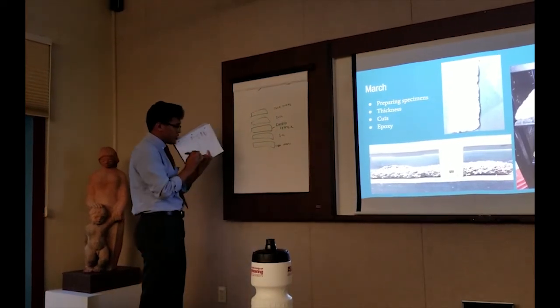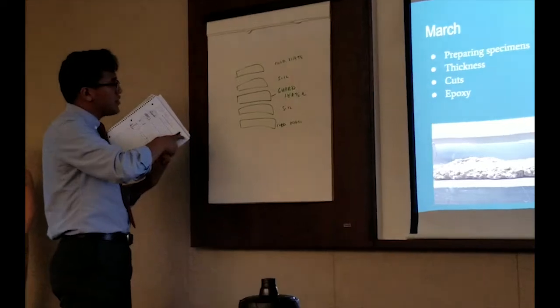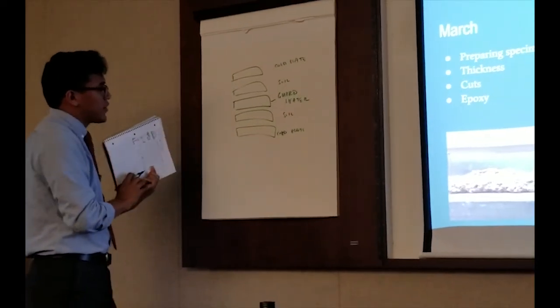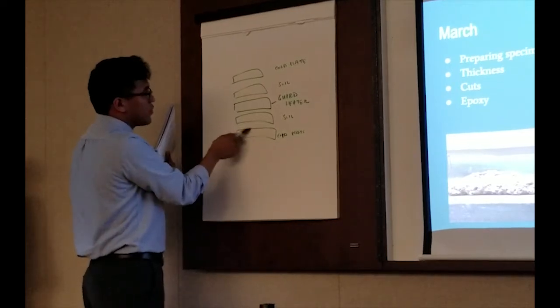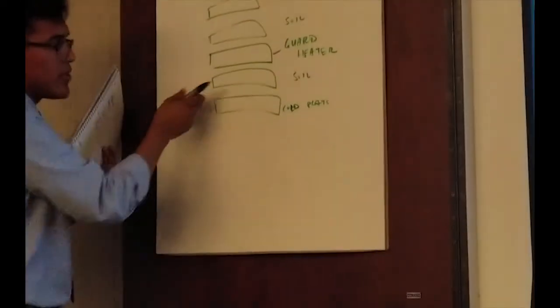So the way this works is there are 3 different panels. The guard heater, which generates the heat in this case, the cold plates, and then 2 soil specimens.